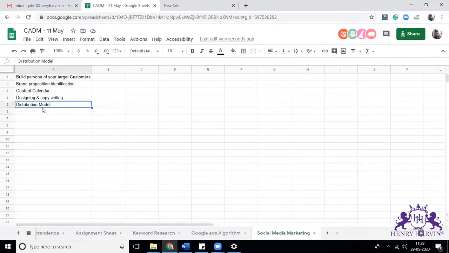Then is the distribution model. Distribution model is primarily how you will distribute. You will just post on your page. You will send it to various groups. How you will distribute it. And then is checking results.